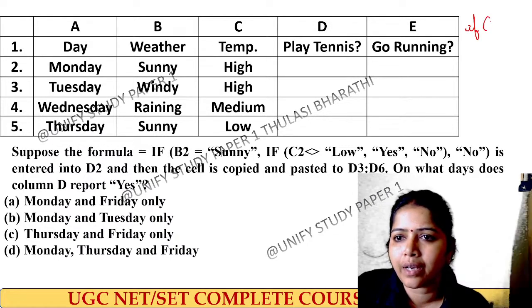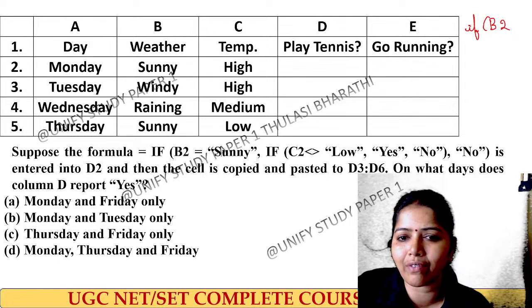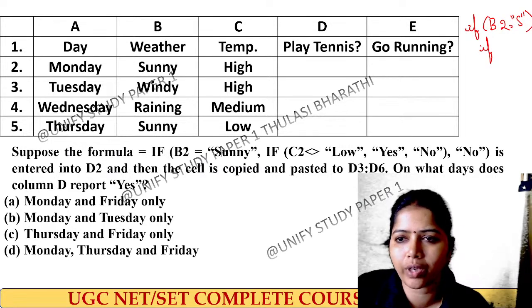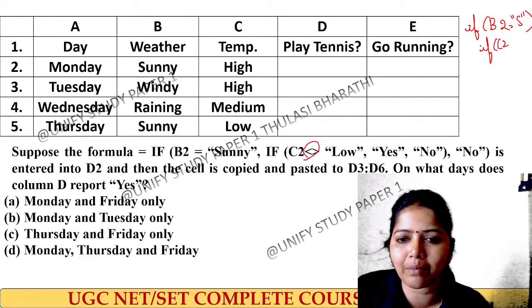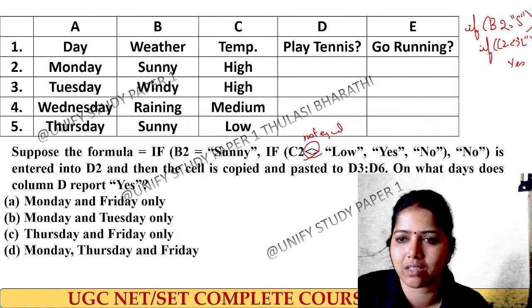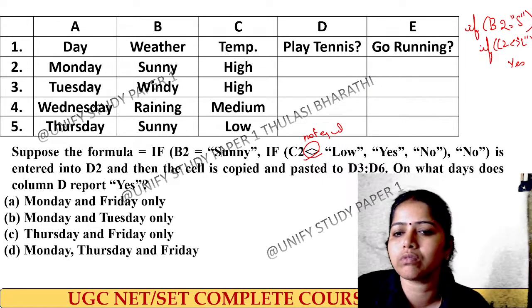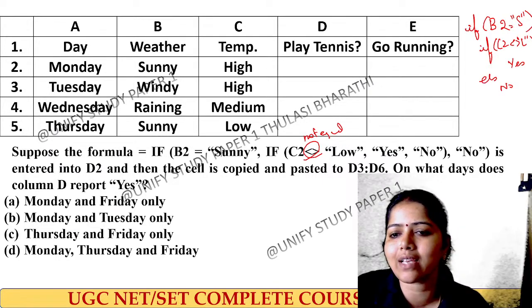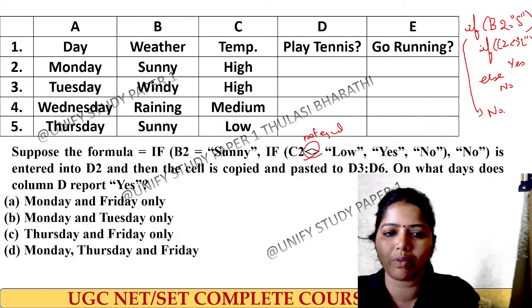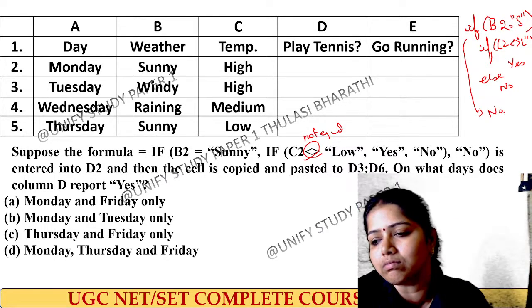If B2, already we have done, if B2 is equal to Sunny, then the inner if should be calculated. This is nothing but not equal to. If C2 is not equal to low, then I have to put yes, else I have to put no. If this is not happening, then I have to put no. What will be the right answer? Calculate and tell.